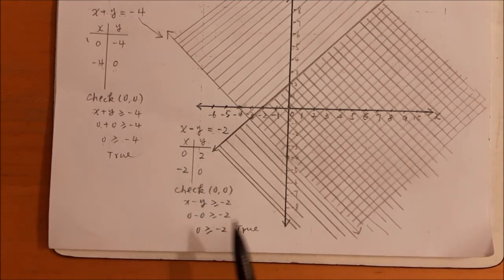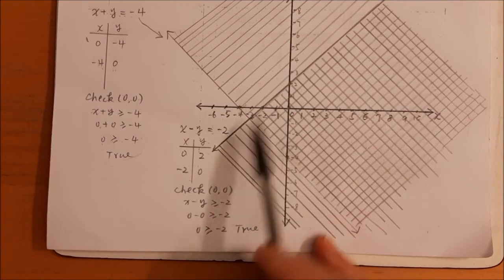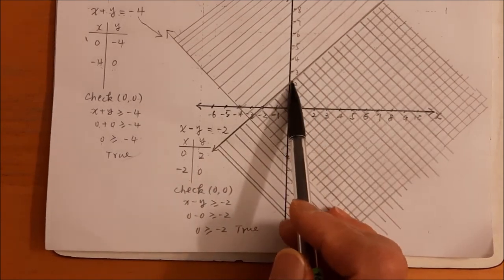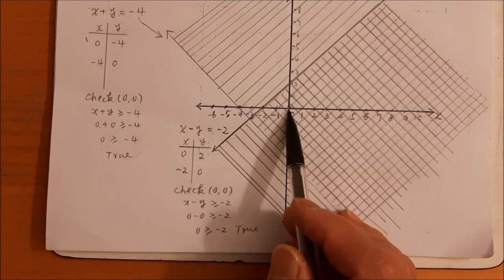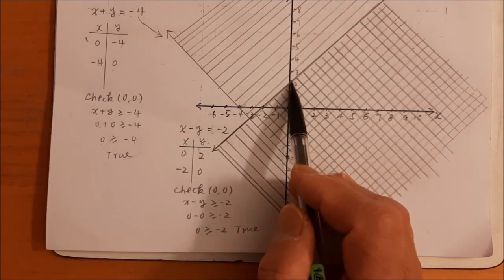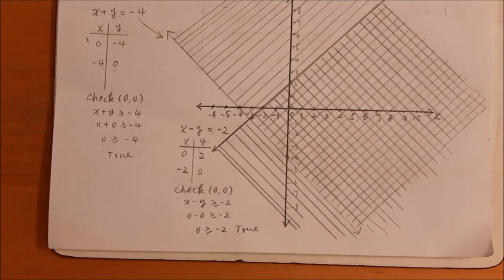So the point (0, 2) is here, on the y-axis at 2. That's what we call the y-intercept.